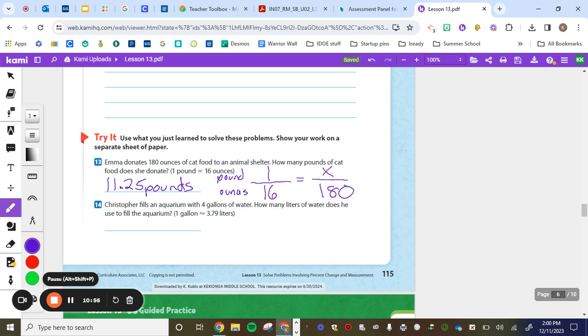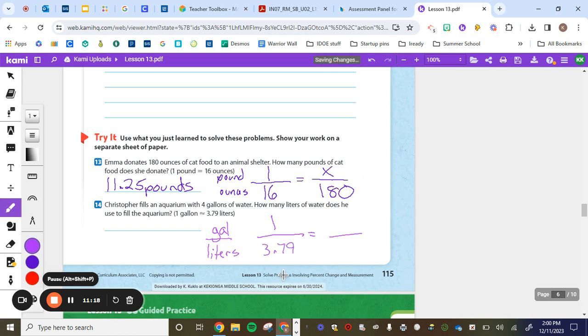And the last question: Christopher fills an aquarium with 4 gallons of water. How many liters of water does he use to fill the aquarium? This time we're talking about gallons and liters. They told me in the question 1 gallon is the same as 3.79 liters.